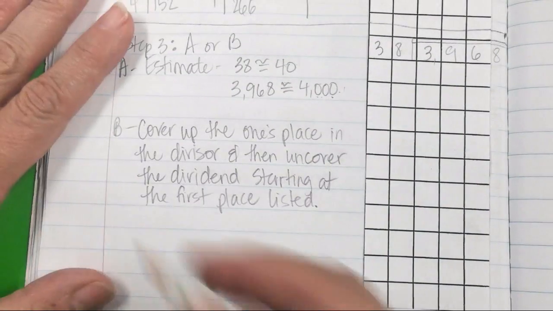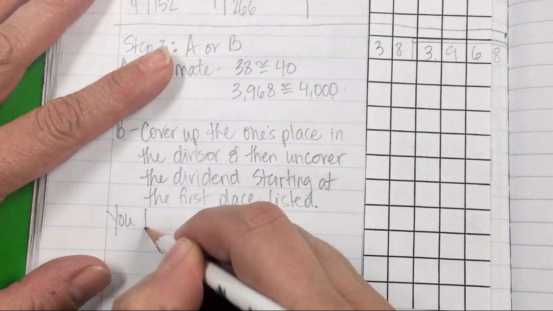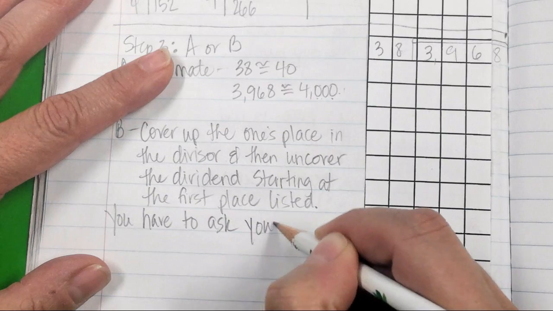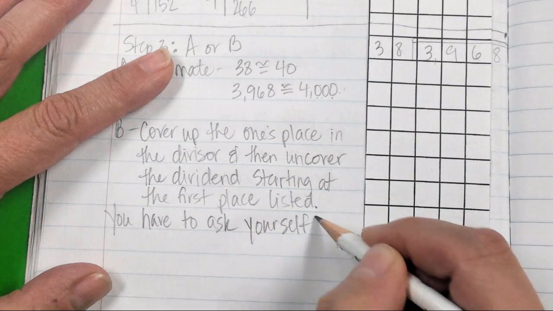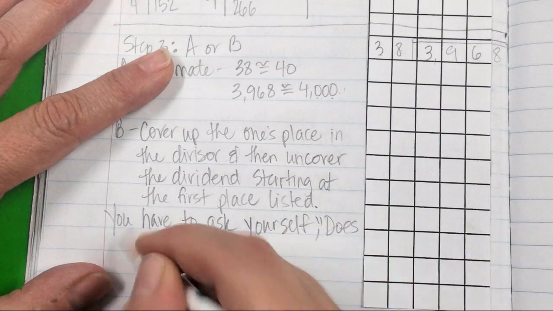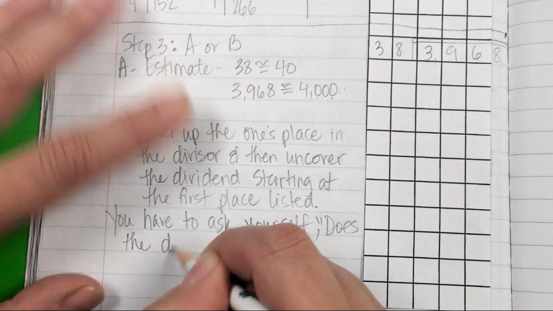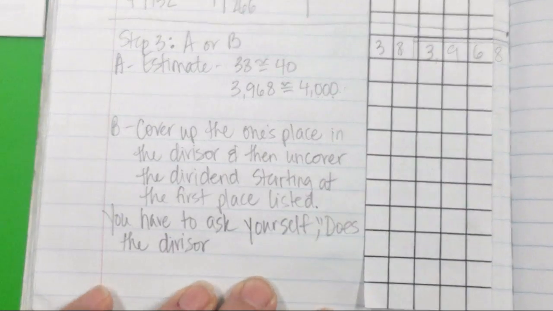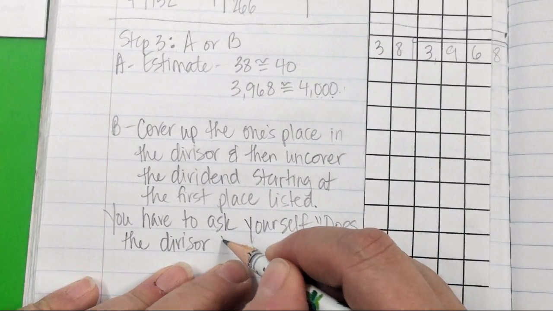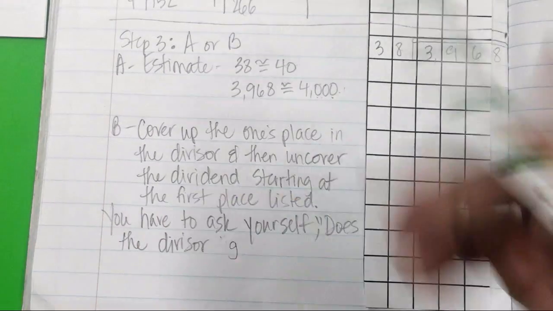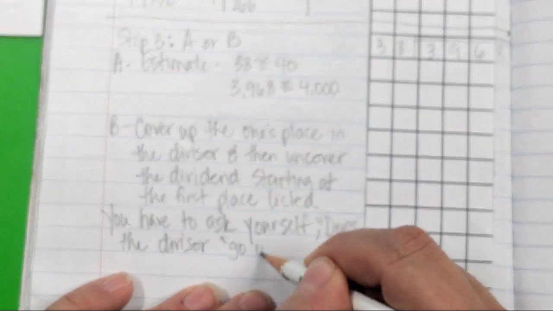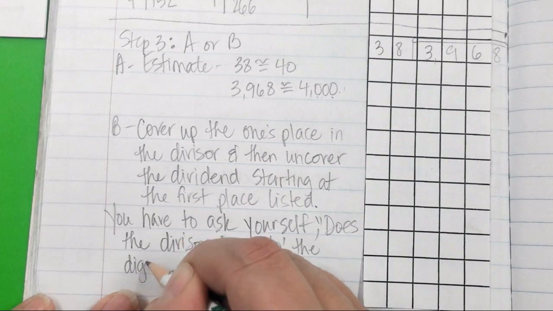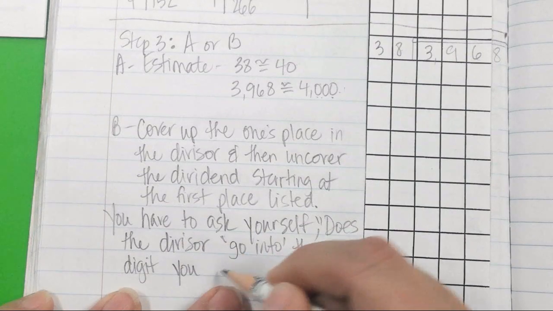So, does the divisor, that's only one quotation, sorry, go into the digit you uncovered?